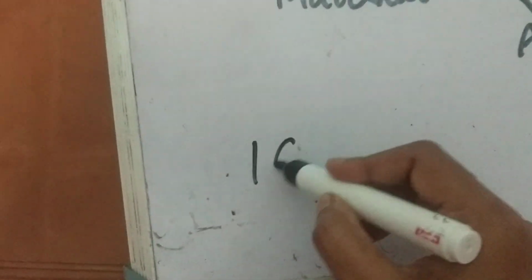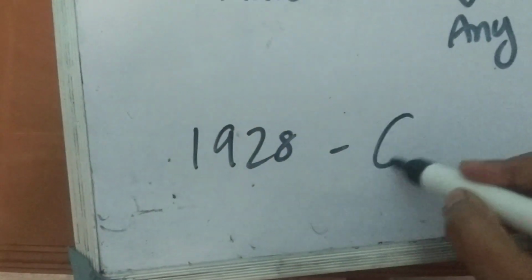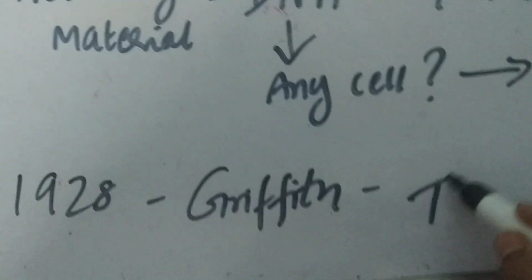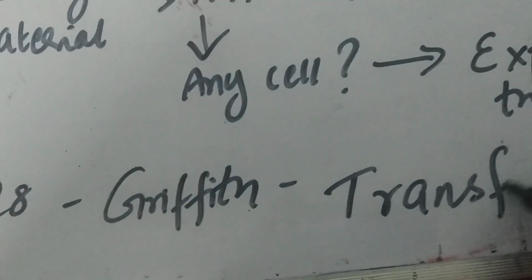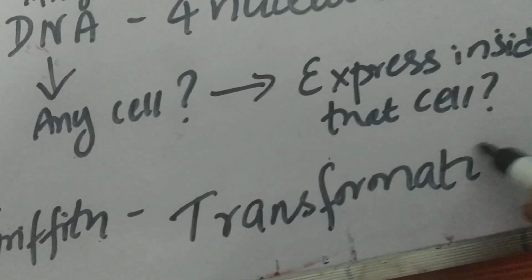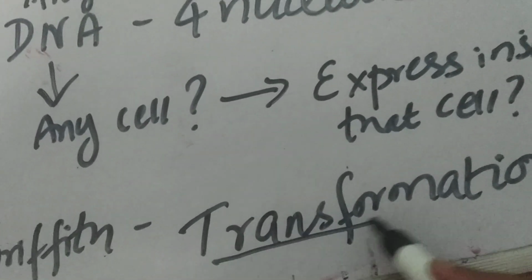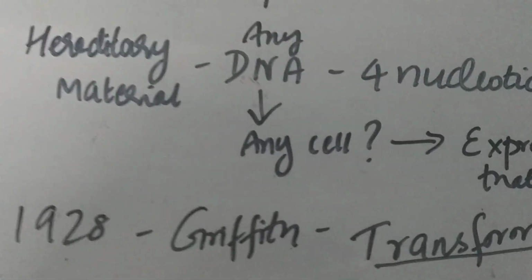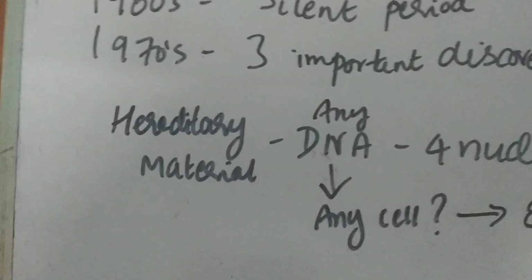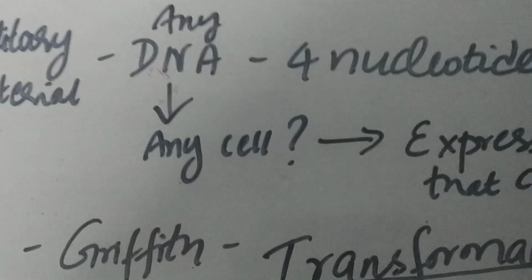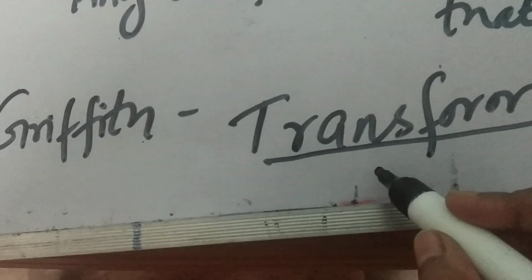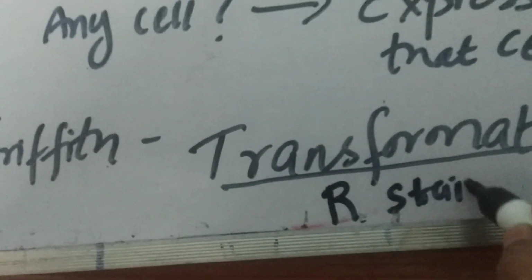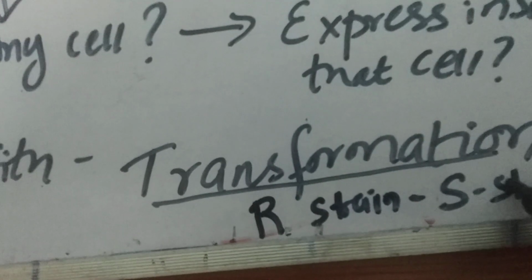Now, if you remember 1928, you've studied about this person called Griffith, who did an experiment on transformation. So what was this transformation? He used the causative organism of pneumonia, and he found that by the process of transformation, the R strain can get converted into S strain.